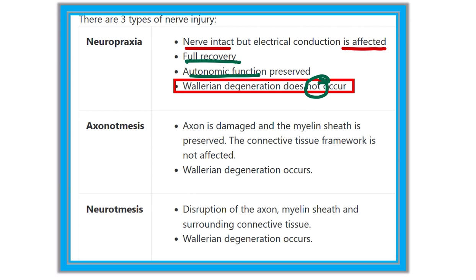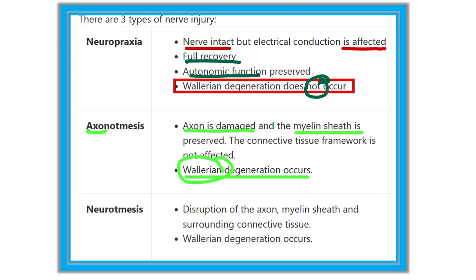Now the second point, axonotmesis: the axon is damaged and the myelin sheath is preserved or intact. The connective tissue framework is not affected, and Wallerian degeneration occurs.